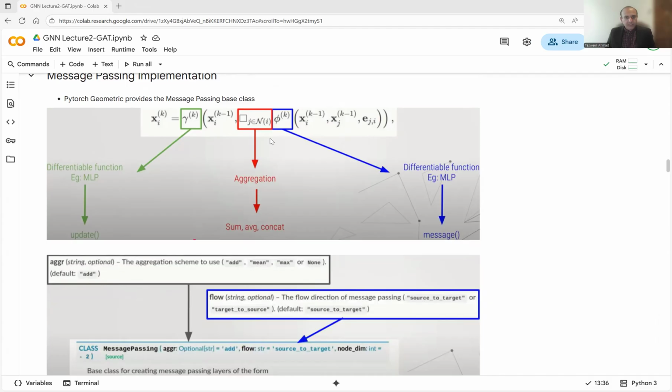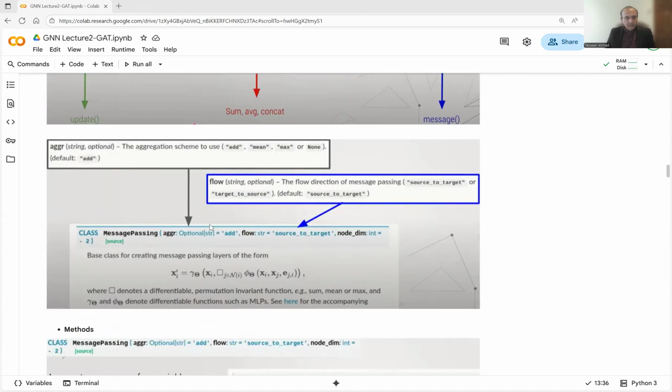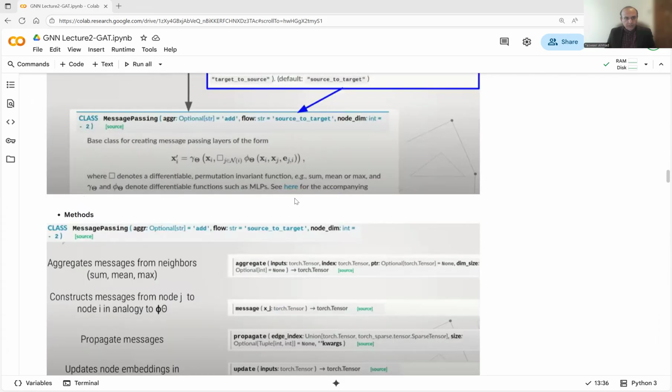So message, then apply a nonlinear function on it, and after applying the summation or concatenation, update that message. So this message passing has aggregation, mean, average, or max, and the messages go either from source to target, or target to source.